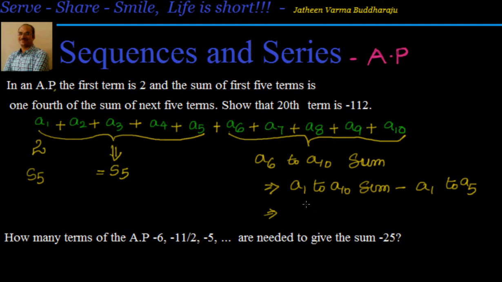That is nothing but S of 10 minus S of 5. So we understood now that the sum of the first 5 terms is S of 5, and 1/4 of the sum of the next 5 terms is S of 10 minus S of 5. Now we are ready to solve this problem.